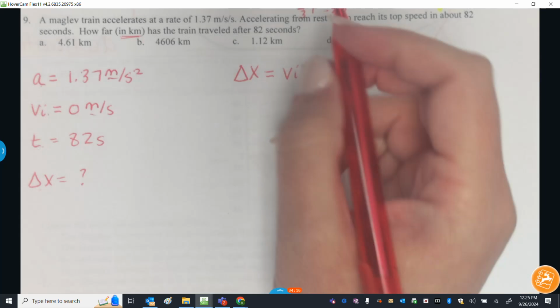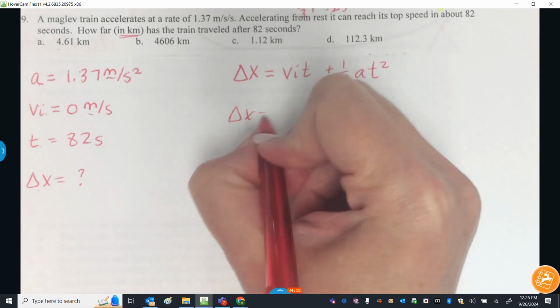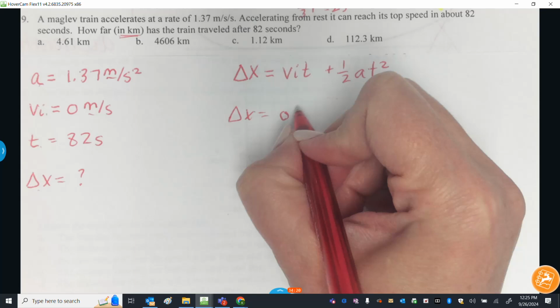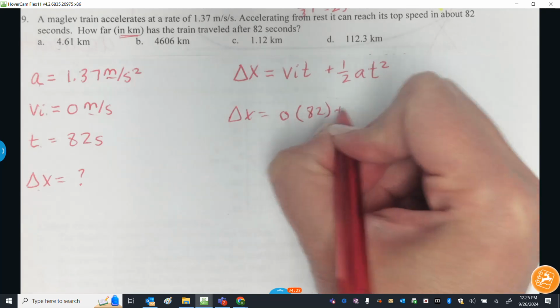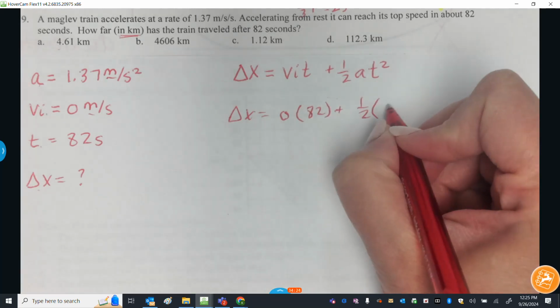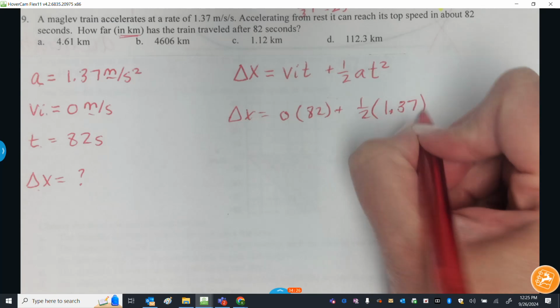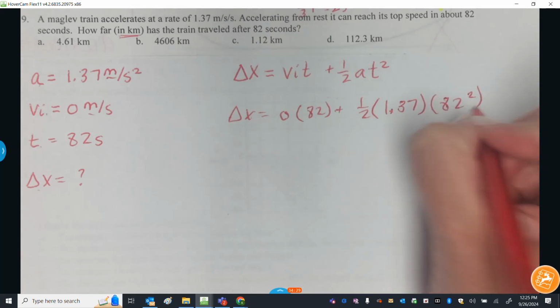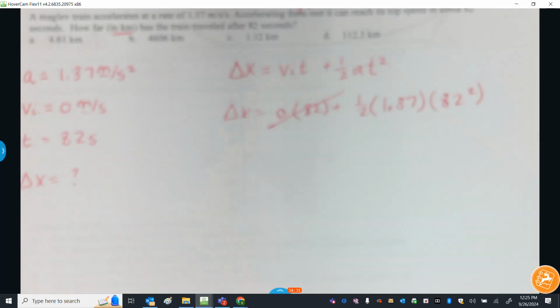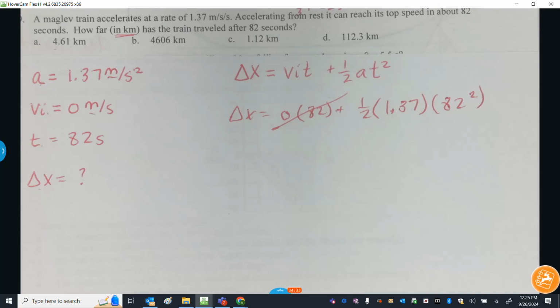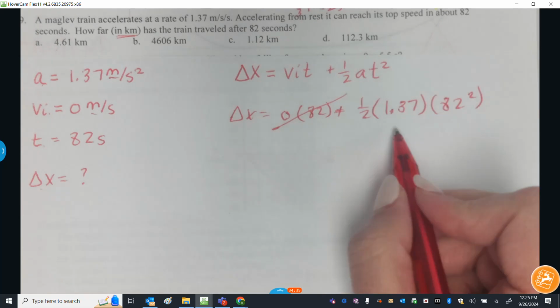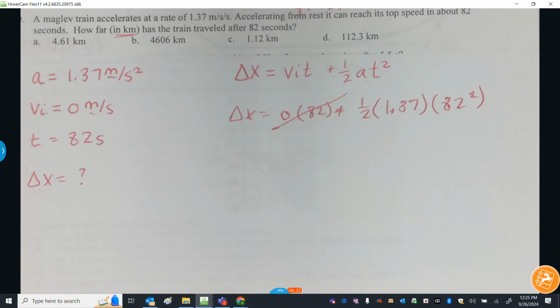All right, if we substitute in, we get 0 times 82 plus 1/2 times 1.37 times 82 squared. This will be 0, and we're adding it, so adding 0 doesn't do anything. I can get rid of that. So now we just have to do the rest of it. 82 squared is going to be a big number.